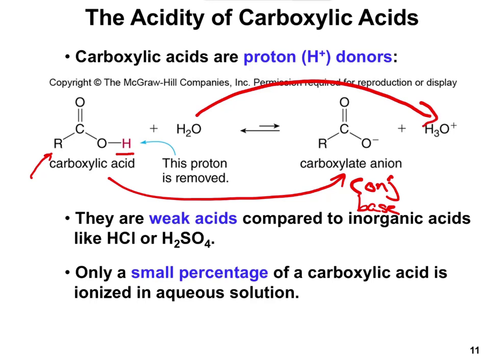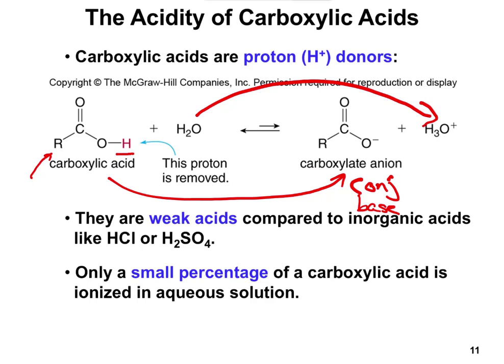Now, whenever we talked about acids and bases, we defined weak acids as acids that only partly dissociate in solution. In other words, you might have 100 molecules of a particular weak acid in solution, and 99 of them are not going to dissociate, and maybe only one of those 100 would dissociate.